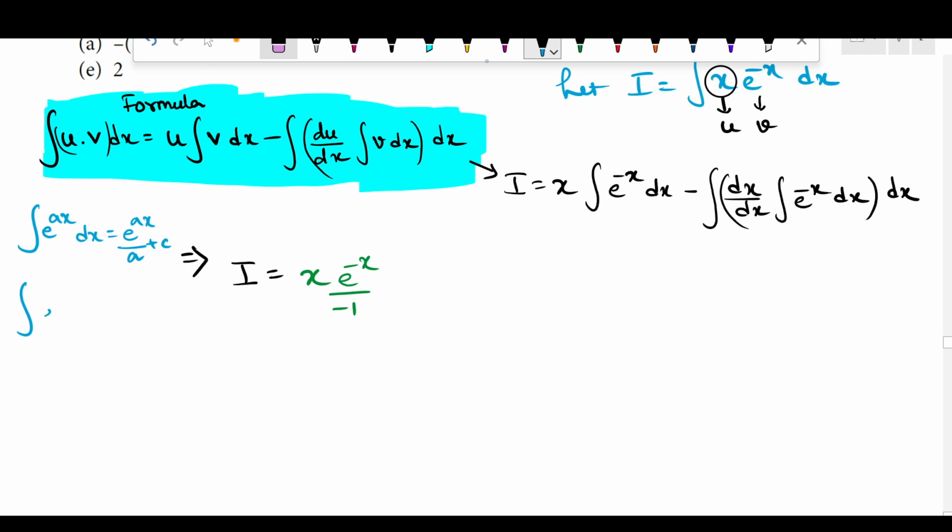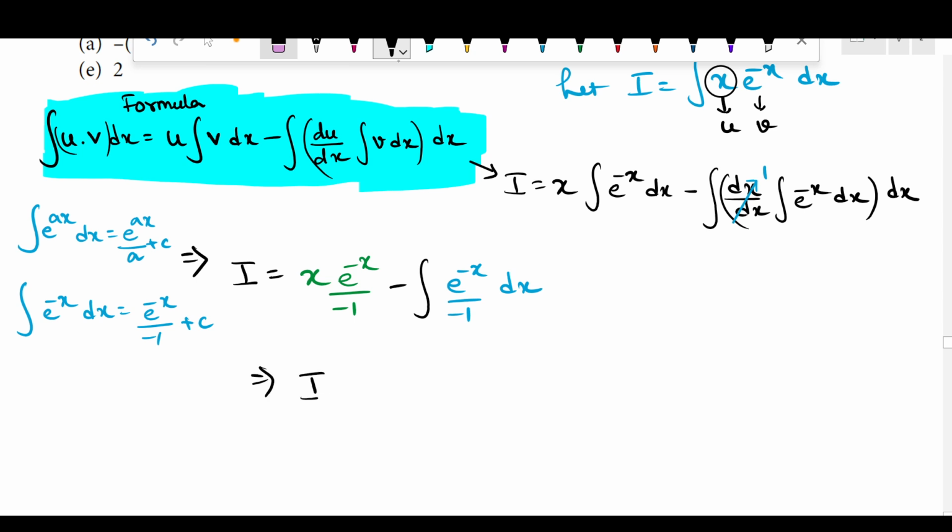So here, e to the power minus x dx is e to the power minus x by the coefficient of x, which is minus 1, right? Minus integration, dx by dx comes out to be 1. So this is 1, and e to the power minus x is again e to the power minus x by minus 1 dx.